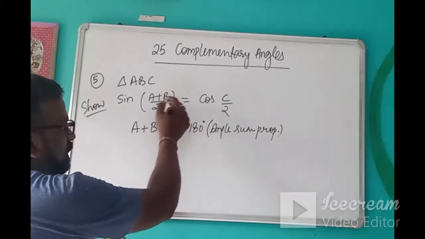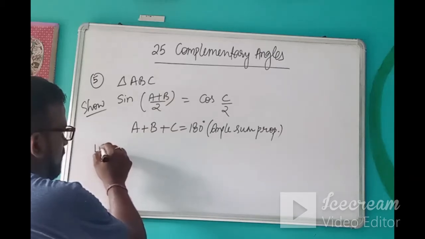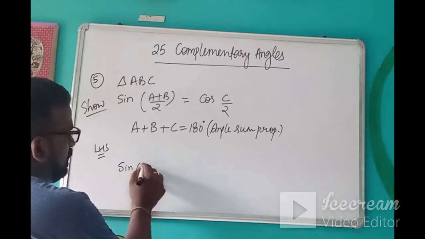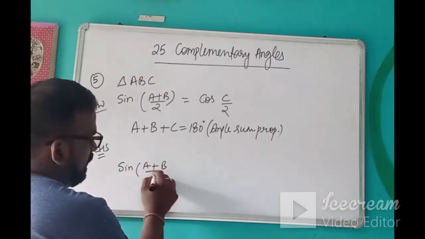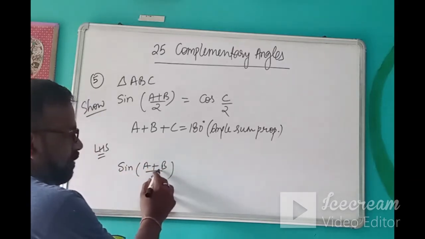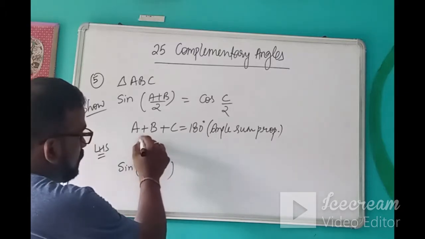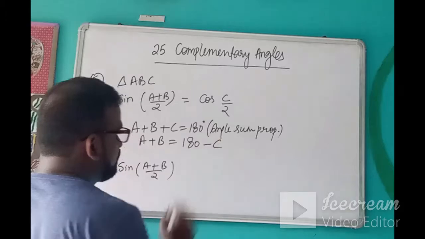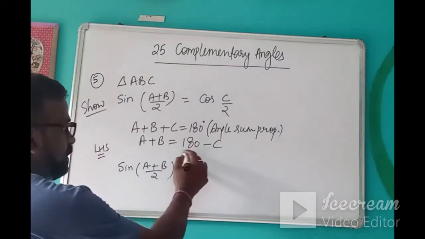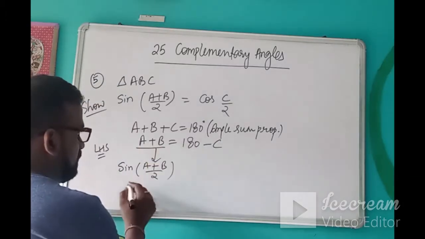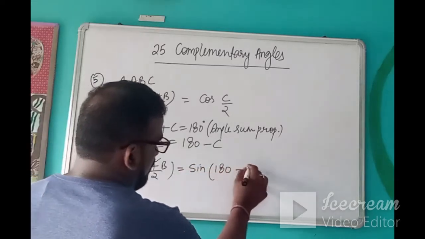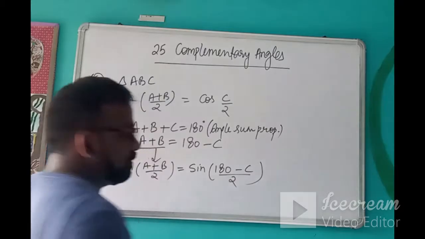Now if I take my LHS, it is sine of (A plus B) by 2. So I will take out this value A plus B. What is A plus B? A plus B is 180 minus C. So I will substitute this value of A plus B here. So what I will get? Sine of (180 minus C) upon 2.